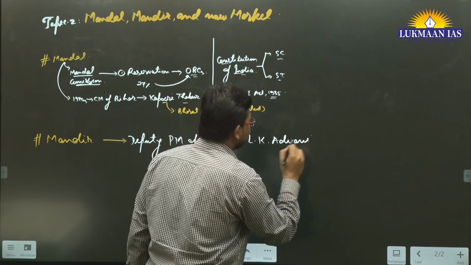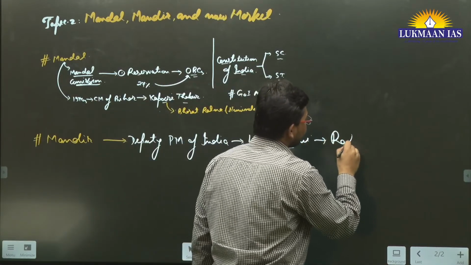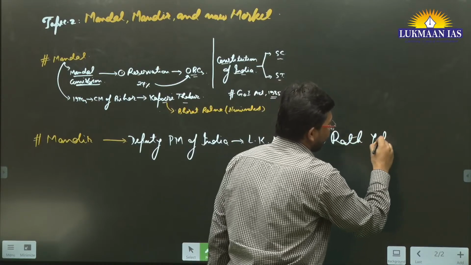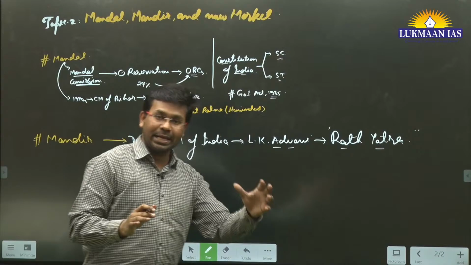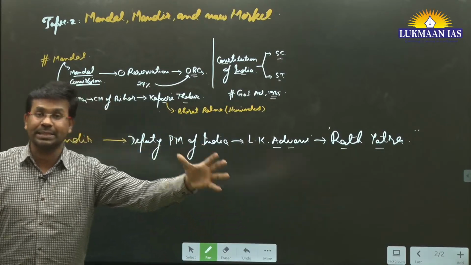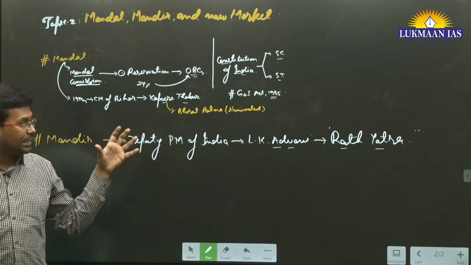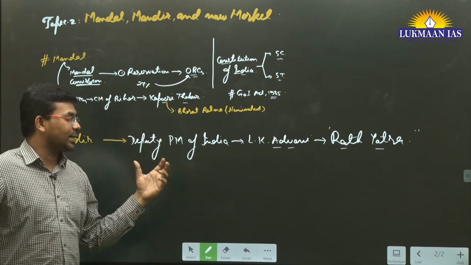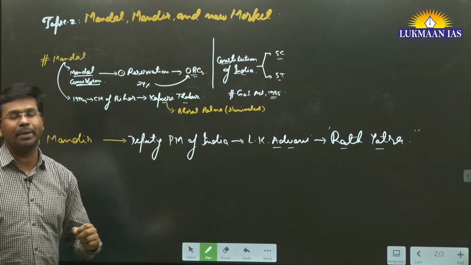He started something known as the Rath Yatra. In this Rath Yatra, he wanted to move from one place to another, and along its route they wanted to connect with the devotees. In its path, many people were killed.